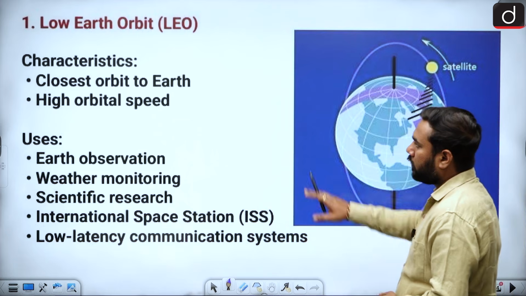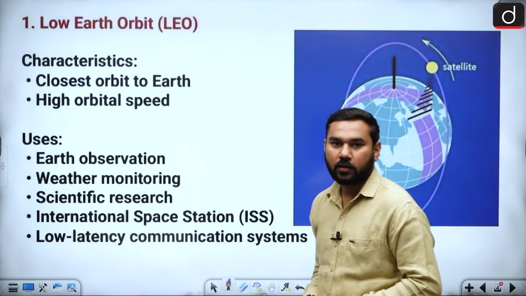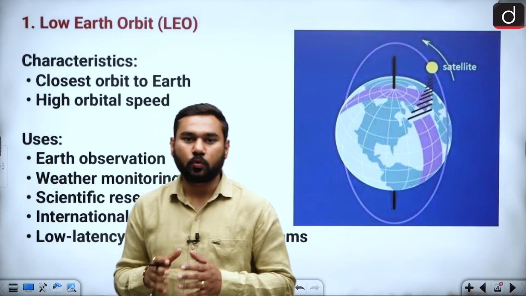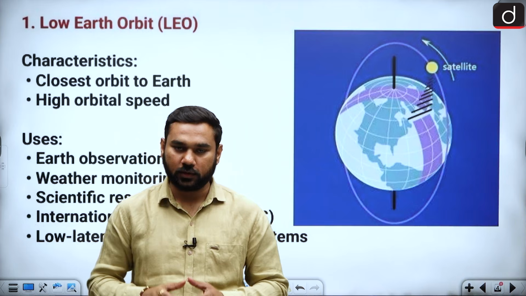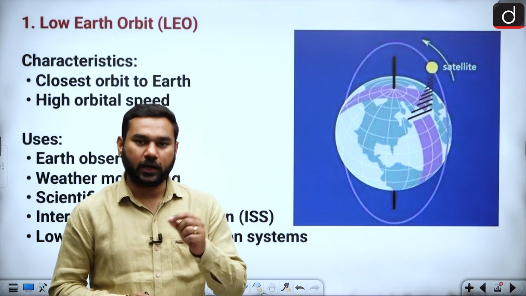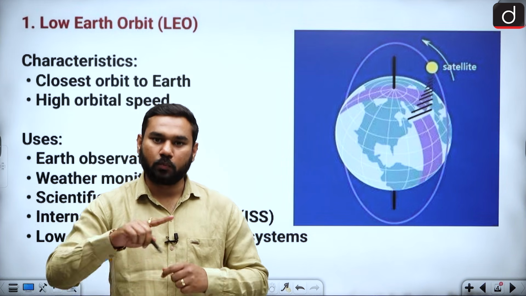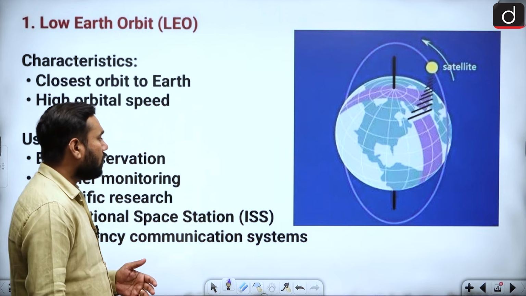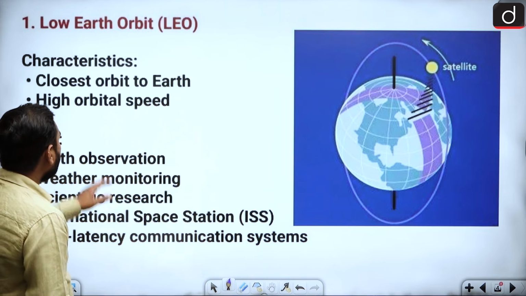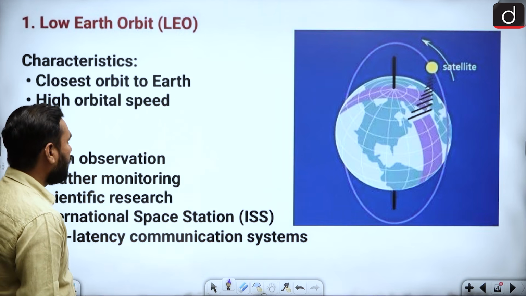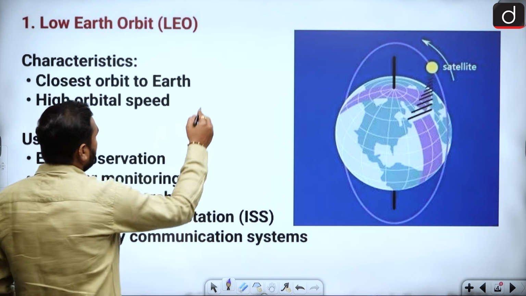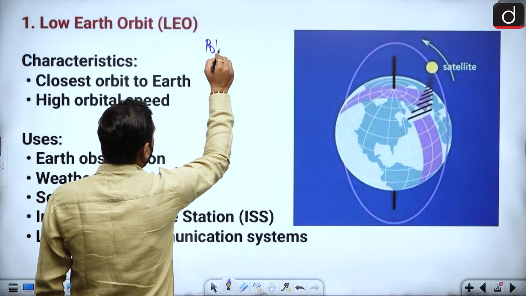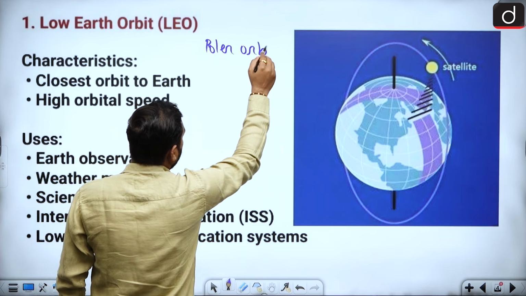So we start from the Earth orbits, and you know that an Earth orbit means the circular path around the Earth, and we place some satellite over it, and this satellite can move around the Earth. So these are basically known as your orbital systems, and the first one is known as your low Earth orbit. We also call it polar orbit.